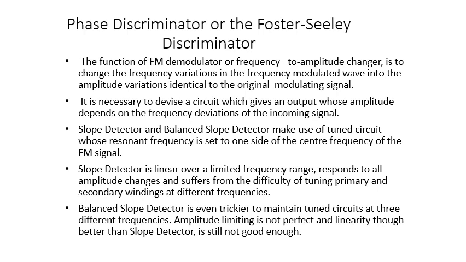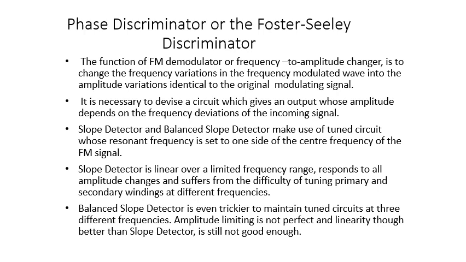For example, in slope detector, the primary and secondary tuned circuit of a transformer have to be maintained at two different resonant frequencies, and in balanced slope detector, the primary and secondary tuned circuits have to be maintained at three different resonant frequencies. So in any circuit, it is very difficult to maintain the primary and secondary of a transformer at different frequencies.